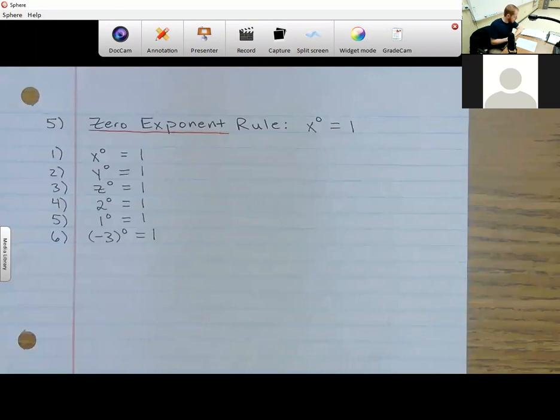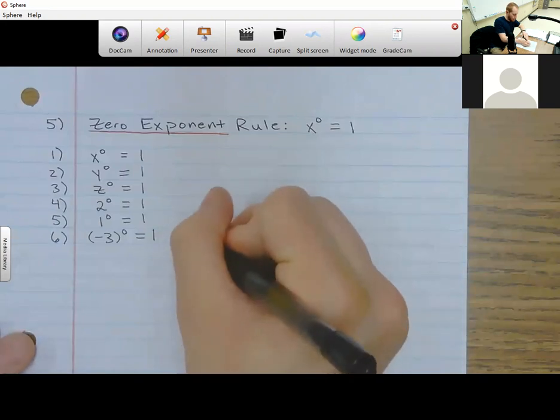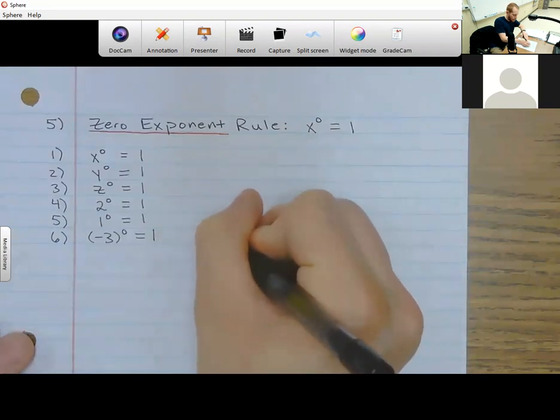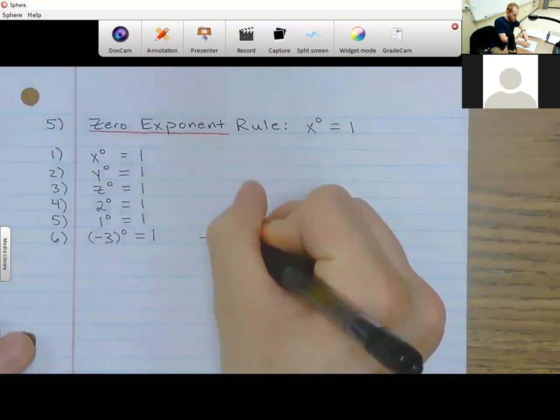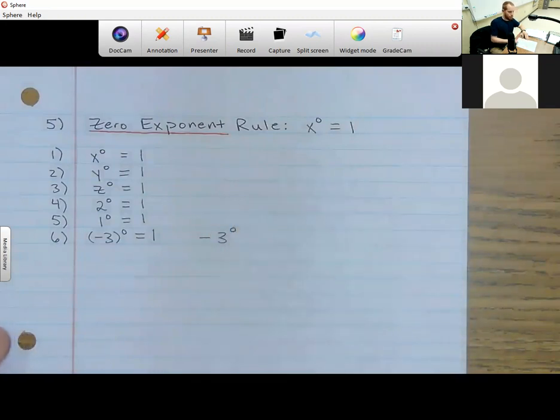That's the rule. Now, what happens if instead of having a -3 right there, I had the negative on the outside? So let's say I had -3 raised to the 0 power. Let's try this one. Now, notice this one is a little bit different from the last one that we did.